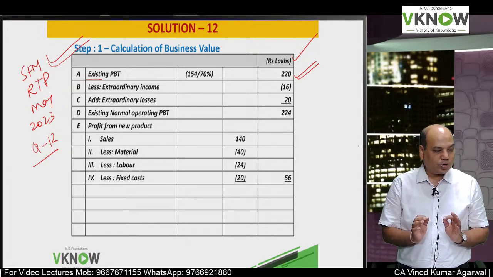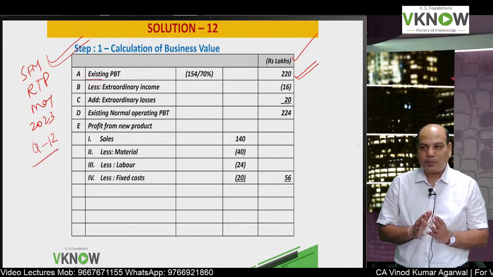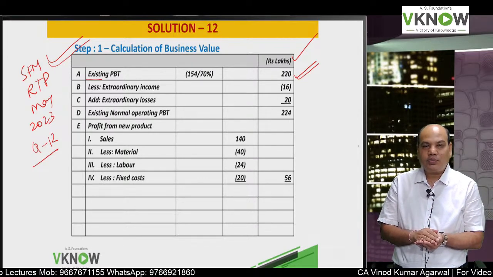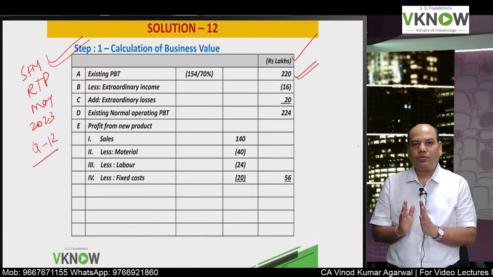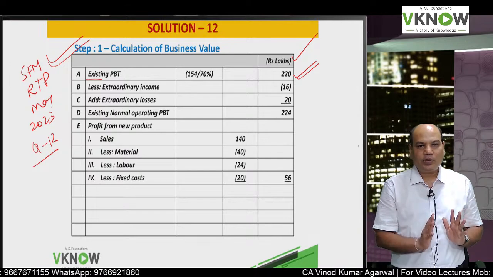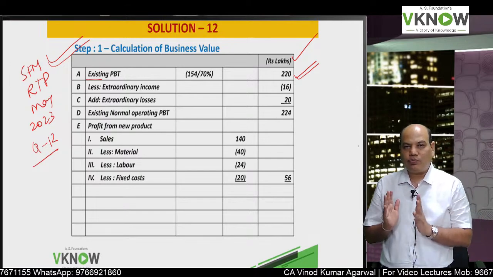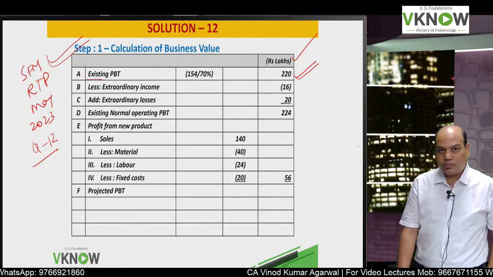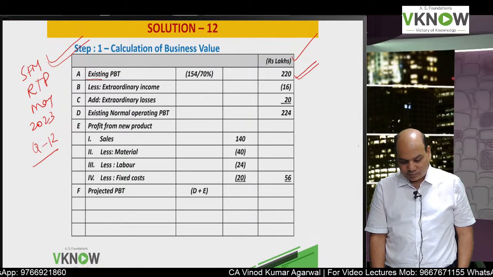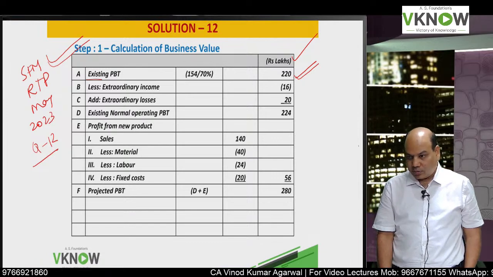Valuation is a function of future profit. A person pays for a business today because he will enjoy the future profit. Hence, we have to check what will be the profit the company would generate in future. Point number F, write down projected PBT, D plus E, 280.